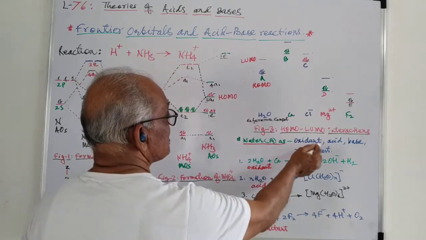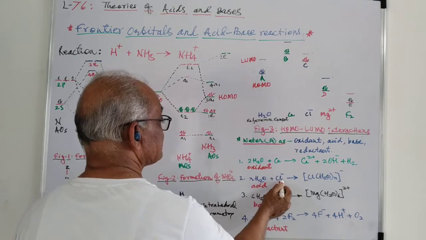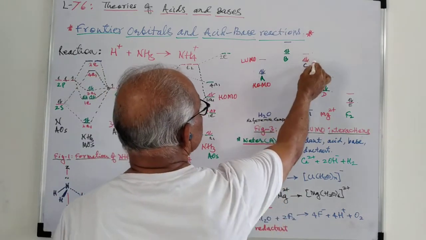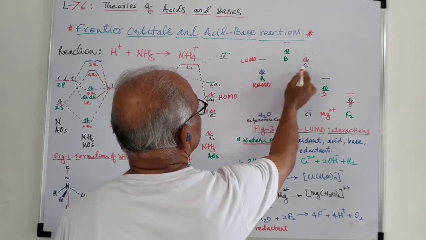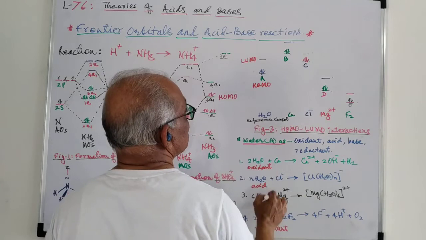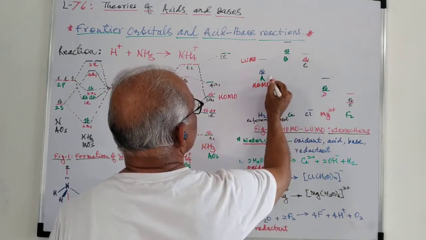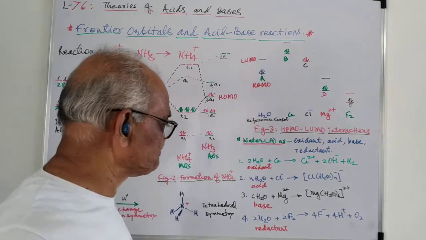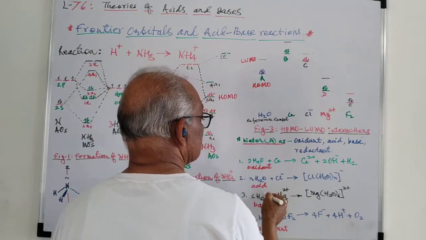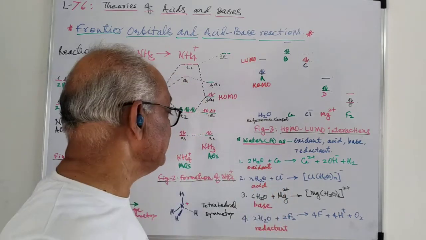Now in the second reaction, water behaves as an acid. So you will see Cl minus. The relative energy levels can be found between water and C, that is Cl minus. The energy levels of Cl minus and water are comparable. So here water acts as an acid.